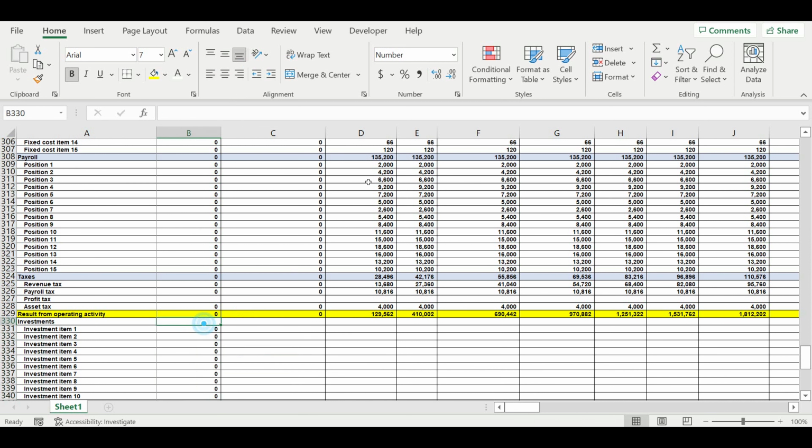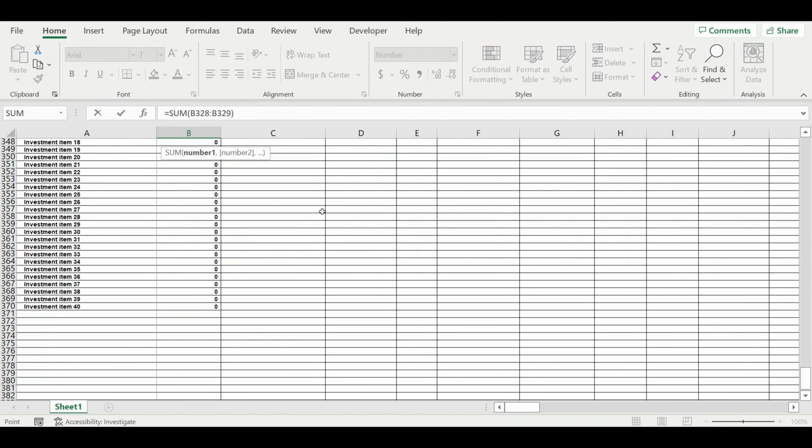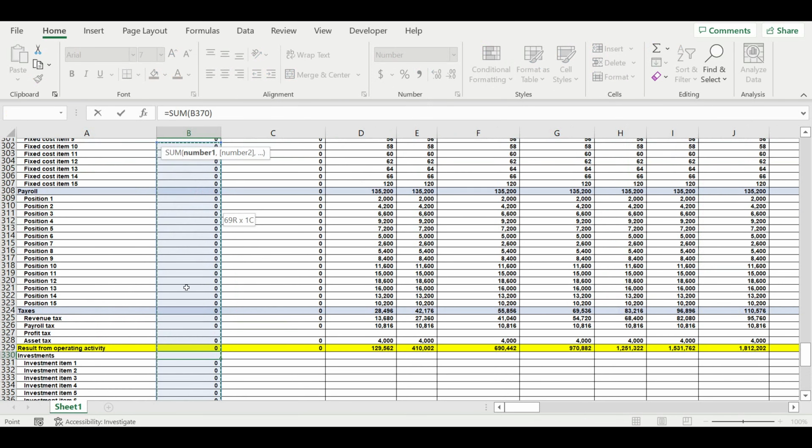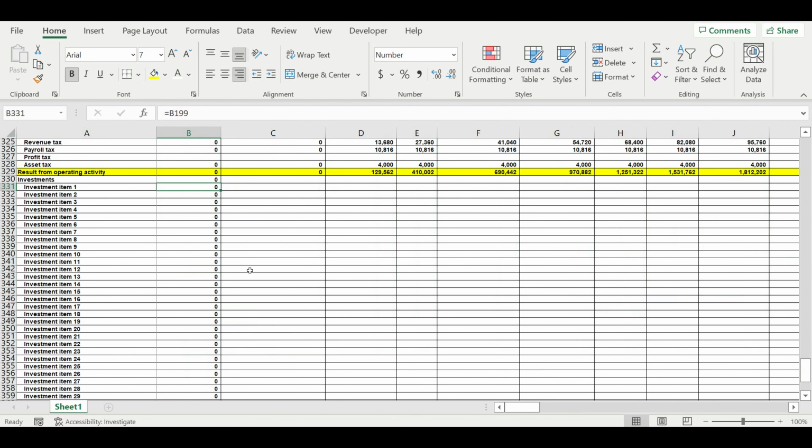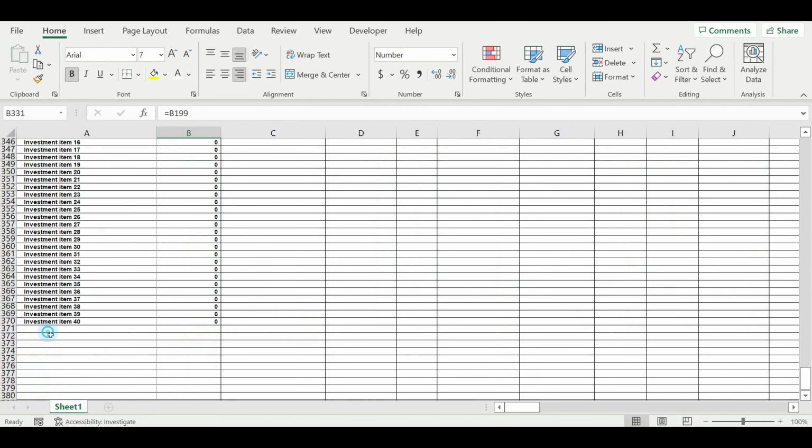now we are creating total of that. Then we calculate the result from investment activity.